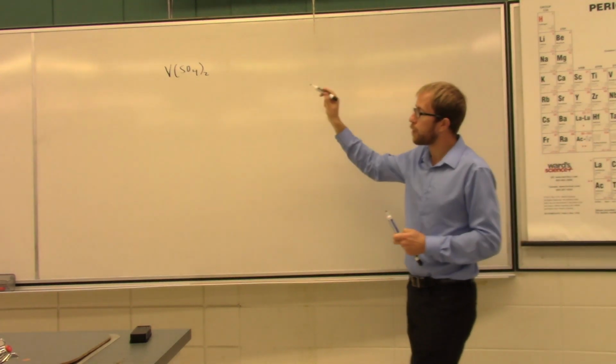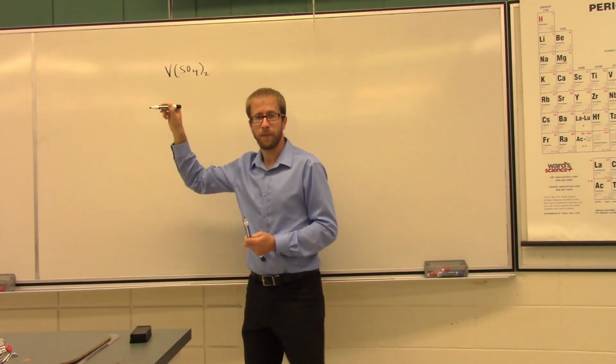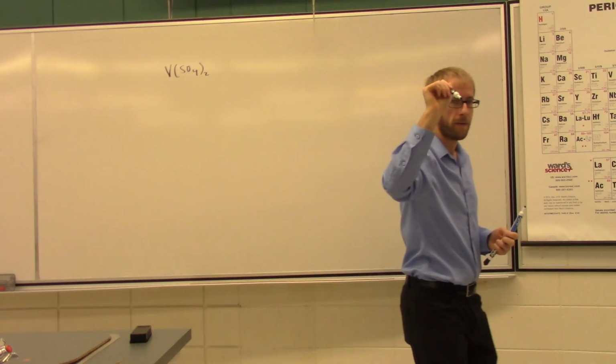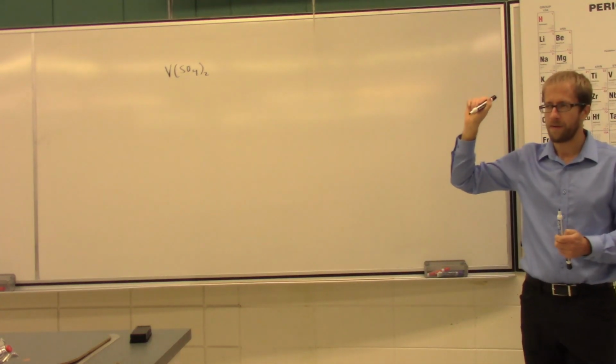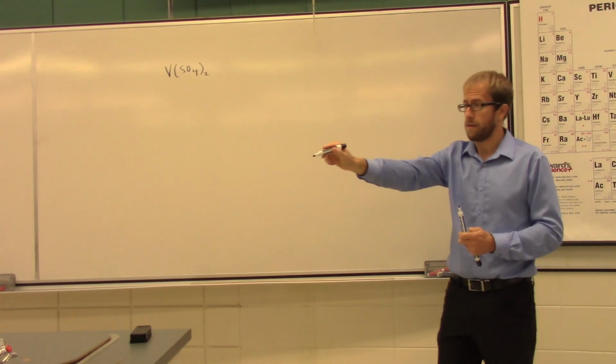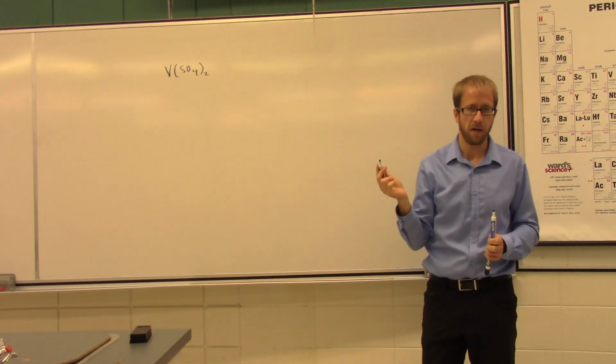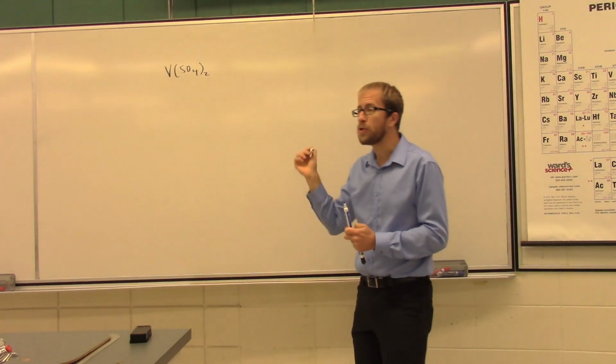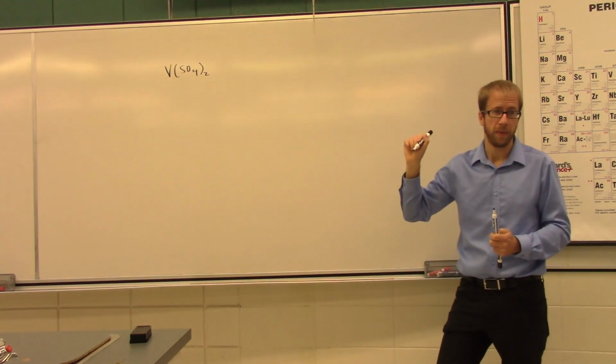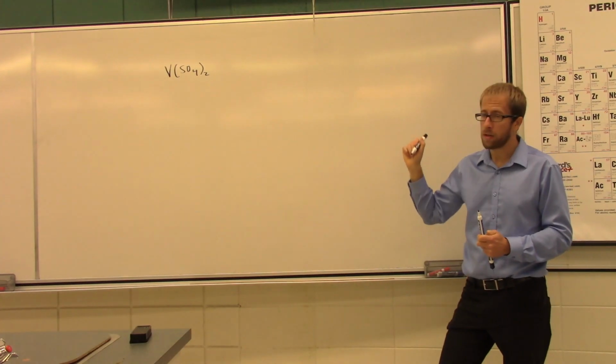So how do I figure out the charge on vanadium? We find the charge on the anion. Yeah, exactly. We need to work backwards through our anion, okay? Because we do know the charge on our anion. That is the key to multivalent metals.